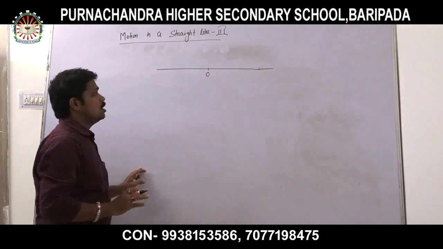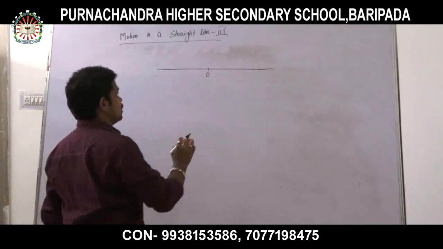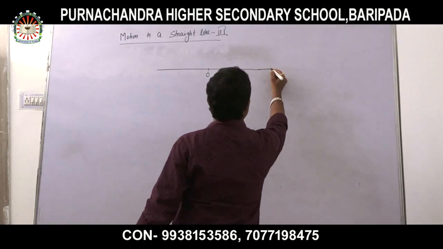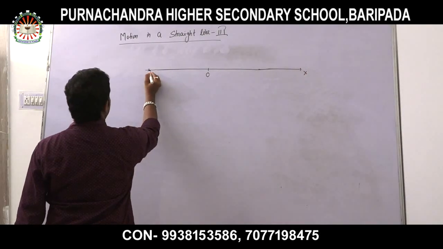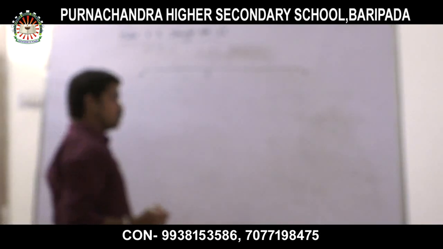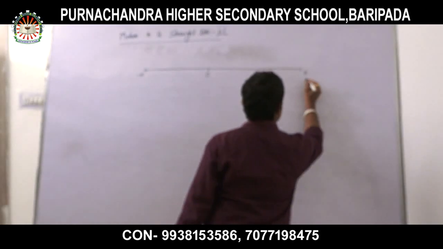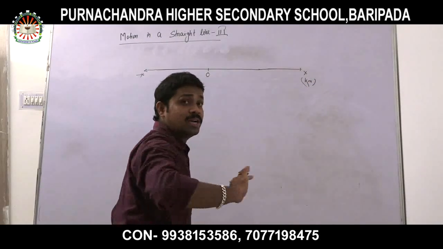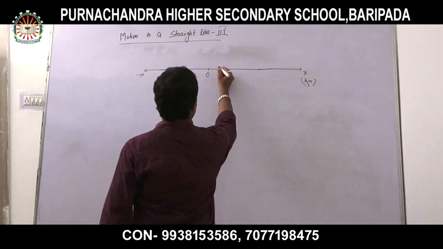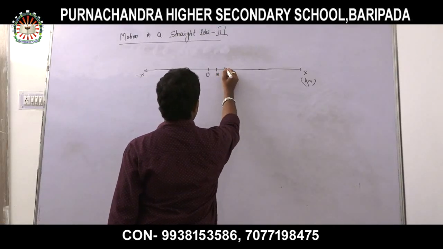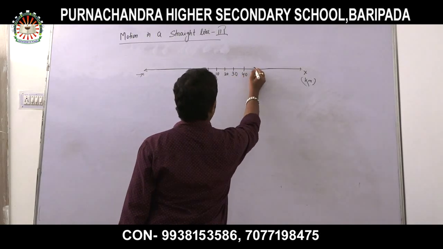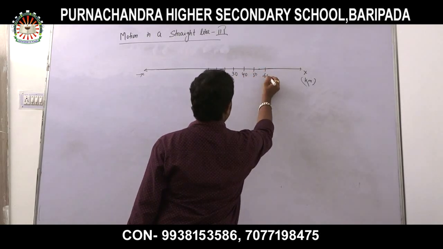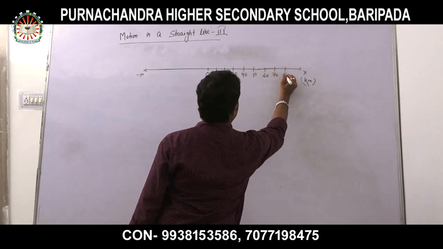Suppose this is your number line. In the number line, this is your x-axis, and this is your minus x-axis. Clear, all of you? Then I have to take, in the x-axis, the kilometers covered. So let us take it: this is 10, 20, 30, 40, 50, 60, 70, 80.